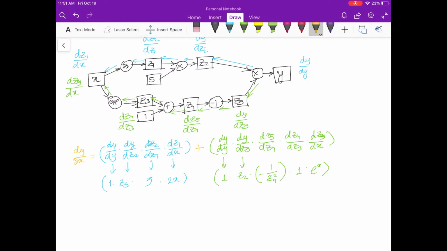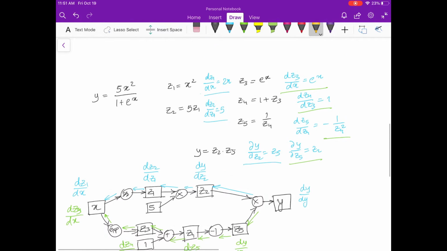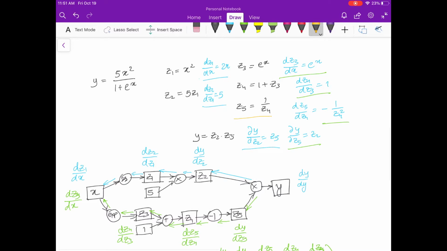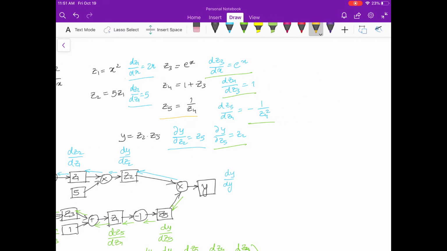All right, so now let's simplify this a bit. Let's substitute z5 now. z5 is nothing but 1 divided by z4, which, if I simplify it all the way through, is simply 1 divided by 1 plus e to the power x, right? z4 is 1 plus z3, z3 is e to the power x.